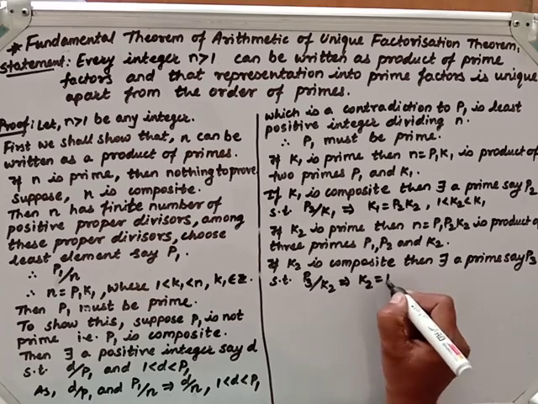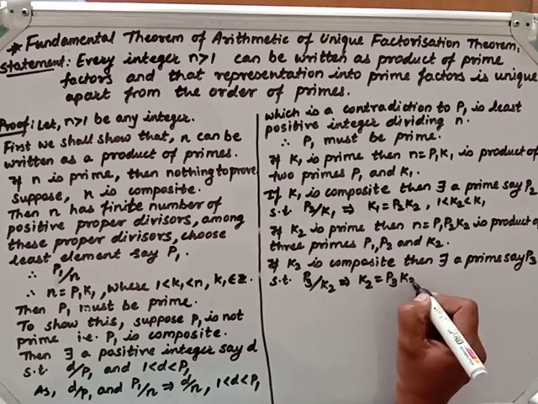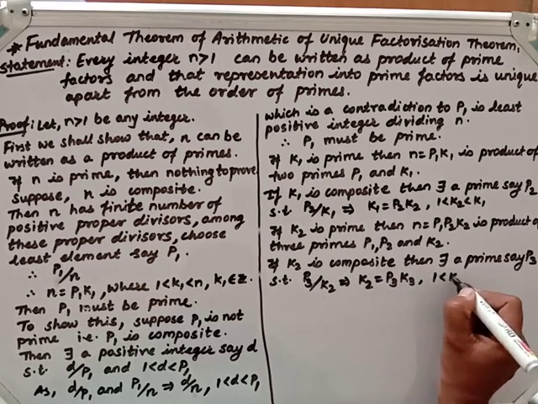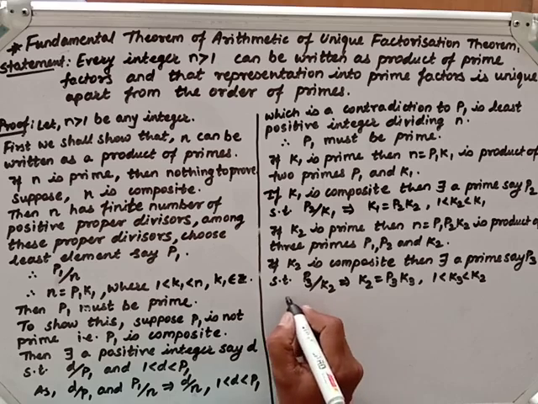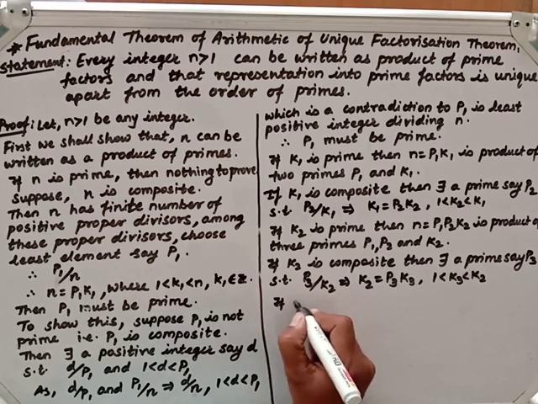So K2 is equal to P3 K3, where 1 is less than K3, which is less than K2.